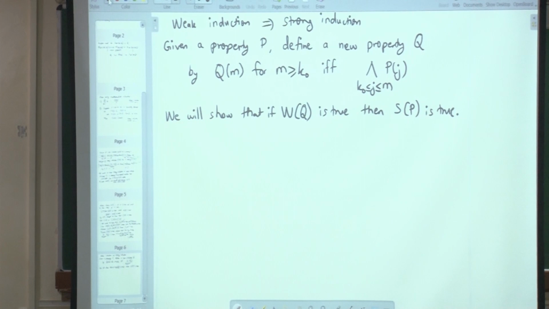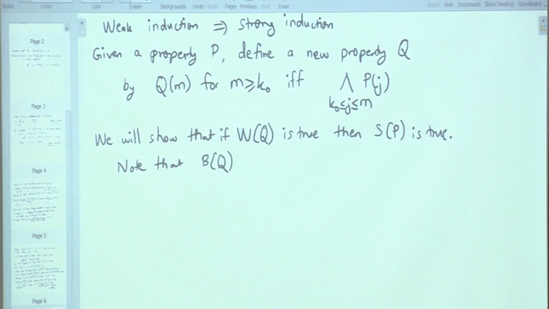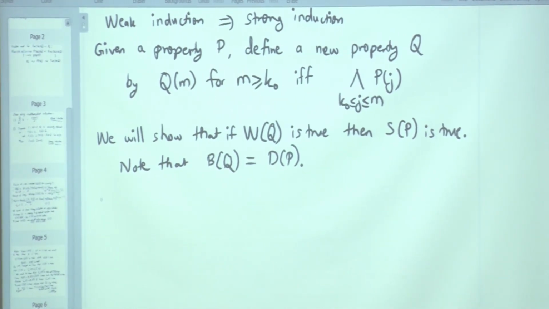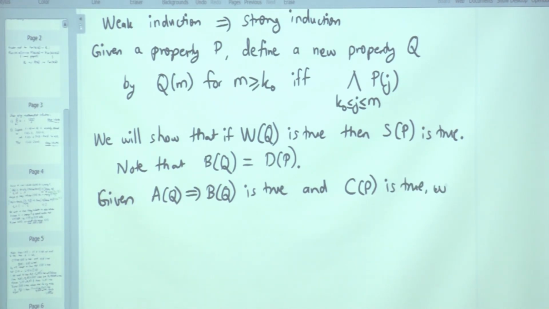So note that B of Q is same as D of P. Okay, so like before, we are given that the principle of weak induction is true, given that AQ implies BQ is true, and CP is true, we want to prove that DP is true.